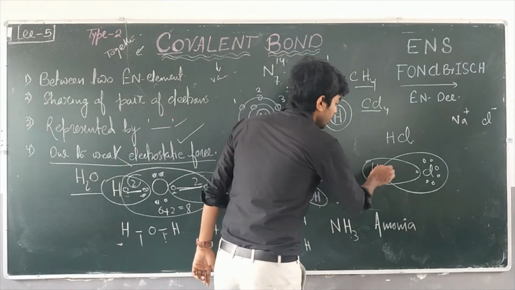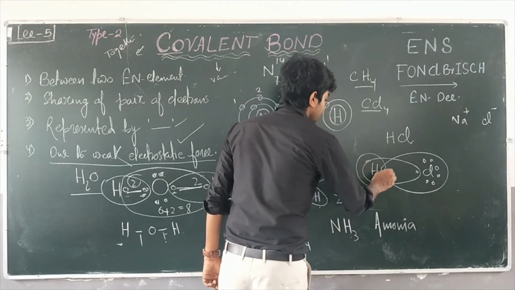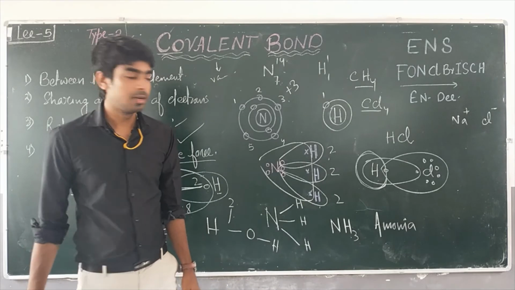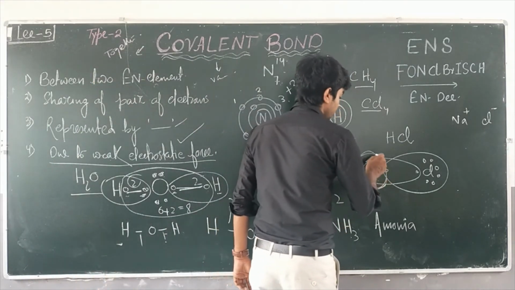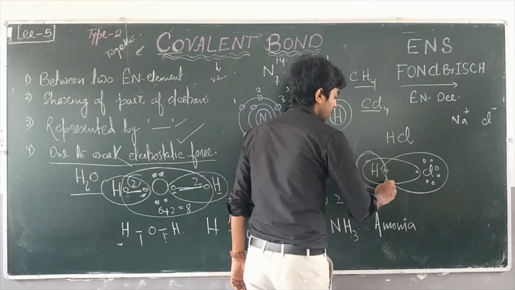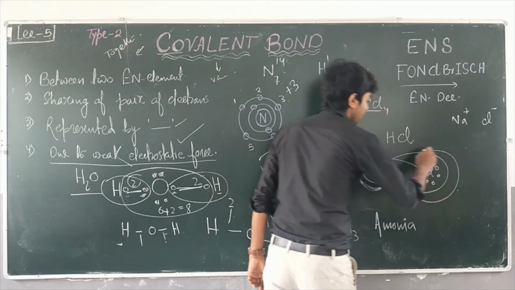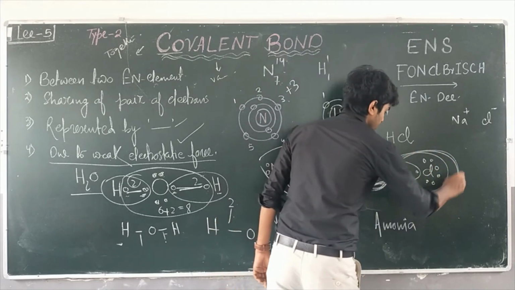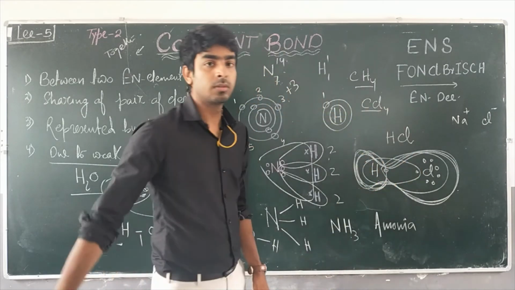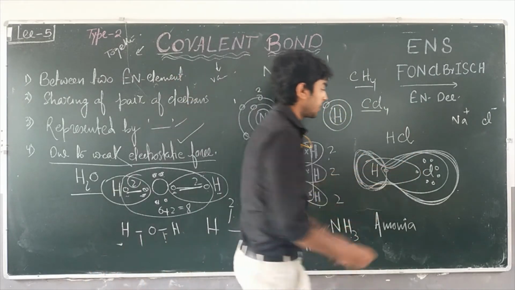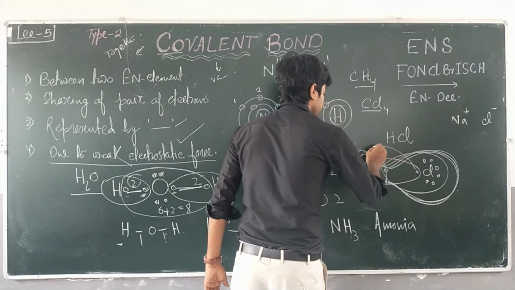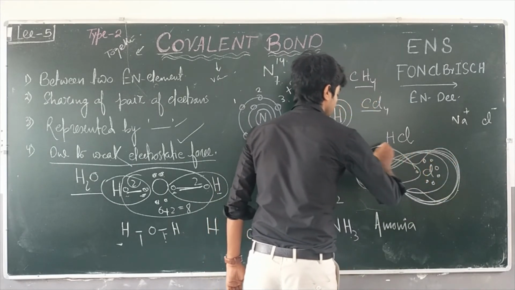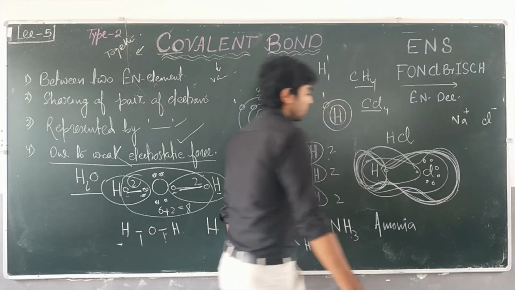So this electron will start revolving around the hydrogen, but always remember, it will not only revolve around the hydrogen, but will go and revolve around the chlorine like this. And the chlorine's electron will not always revolve around the chlorine, but it will revolve around the hydrogen as well, like this.